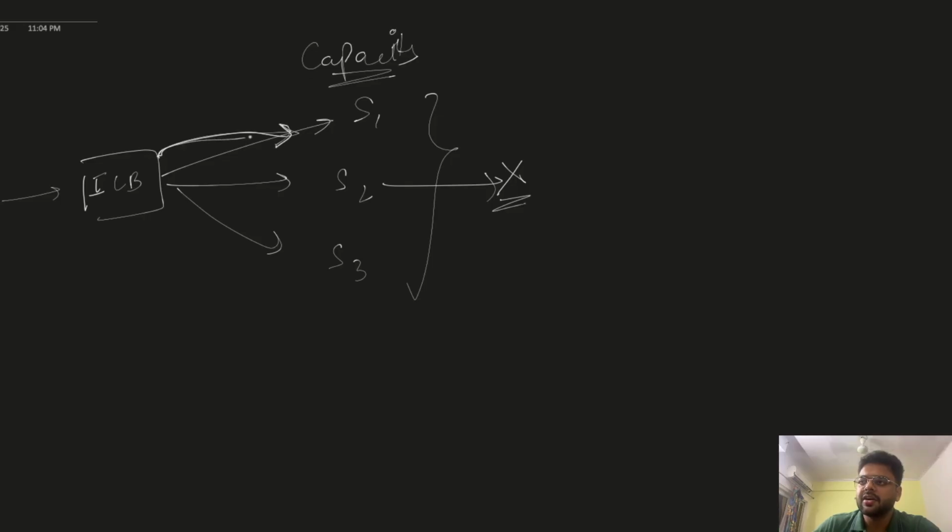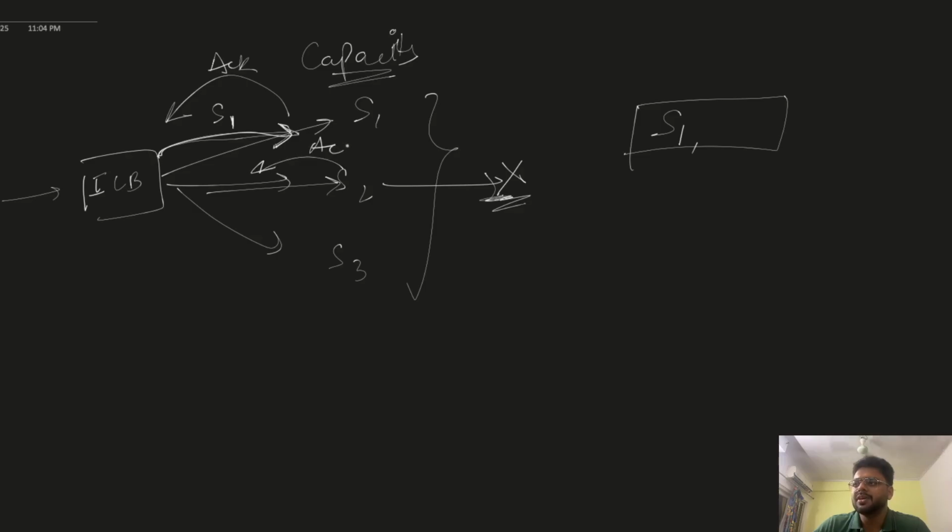So the ELB sends a request to S1, like a message, hey, are you available? And S1 sends an acknowledgement. So in this connection pool, the ELB says that S1 is available. It sends to S2, but S2 is currently unavailable, so that acknowledgement would not be received.